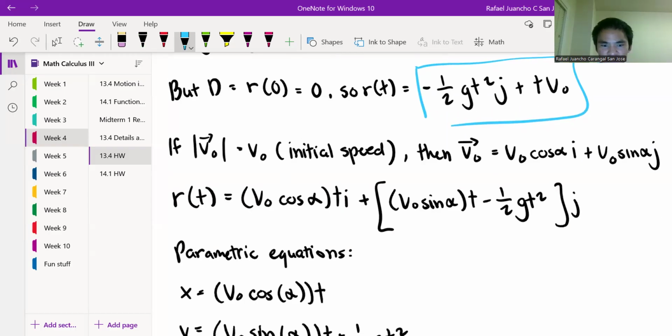What in the world was my V naught? Yeah, this was supposed to be cosine alpha, right? Cosine alpha. I had a V naught there. Still not? Is that how I added?